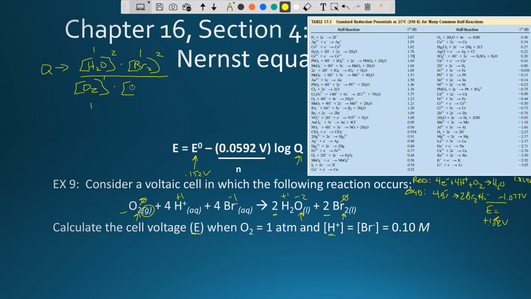Now, I take a look at my hydrogen ion, and that's raised to the 4th power. But the problem tells me that my concentration is 0.1 molar. And then lastly, I have the bromide ion, and that strength is again 0.1. And notice that I've got a coefficient of 4.